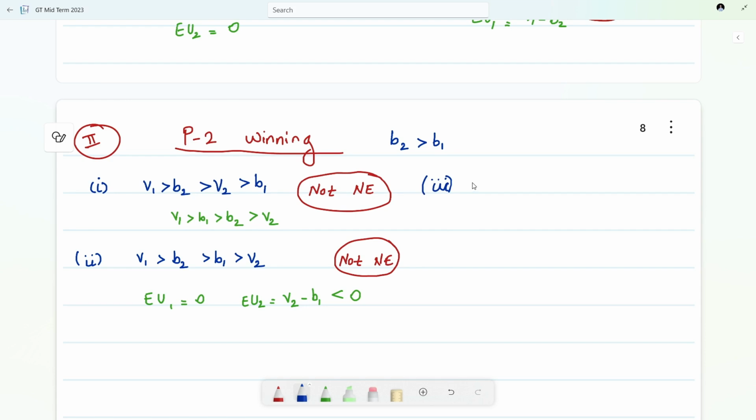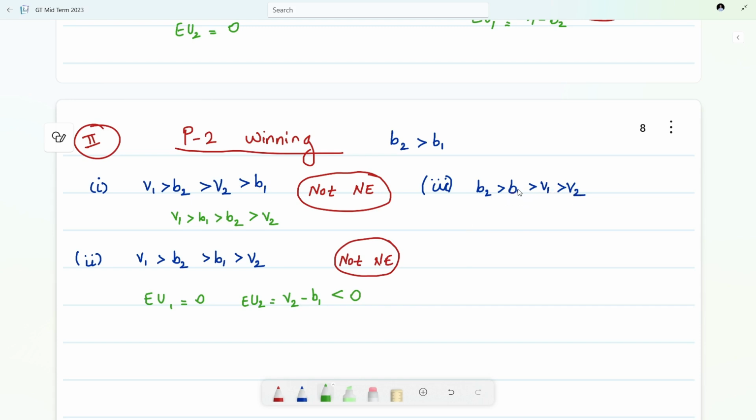Okay. So B2 is greater than B1. Player 2 is winning. V1 is greater than V2 because this is the condition given in the question itself. So here again, if you observe carefully, expected utility for player 2 will be what?